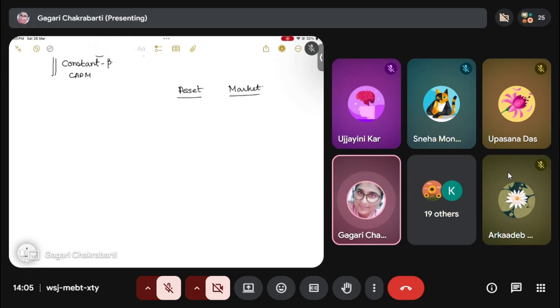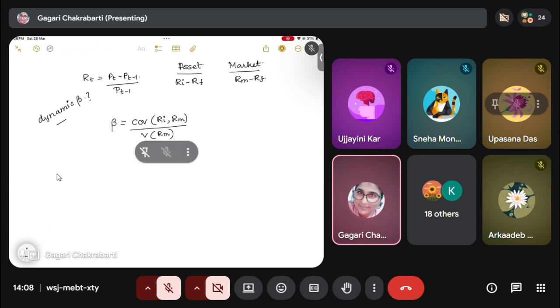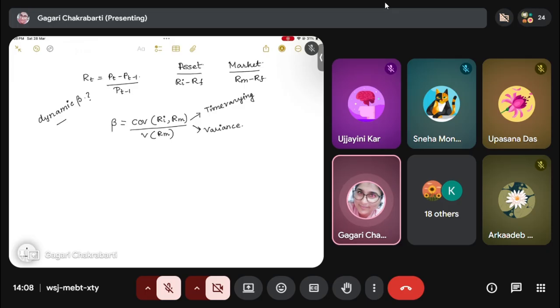So now you know how to find out the return. তোমার beta is covariance between Ri and Rm divided by variance of Rm. তাহলে তুমি এবার বিটাটাকে টাইম ভ্যারিং করতে চাইছো। Therefore, now we require a time varying covariance and a time varying variance. এইবার বলো, which model can we use here? You know it.